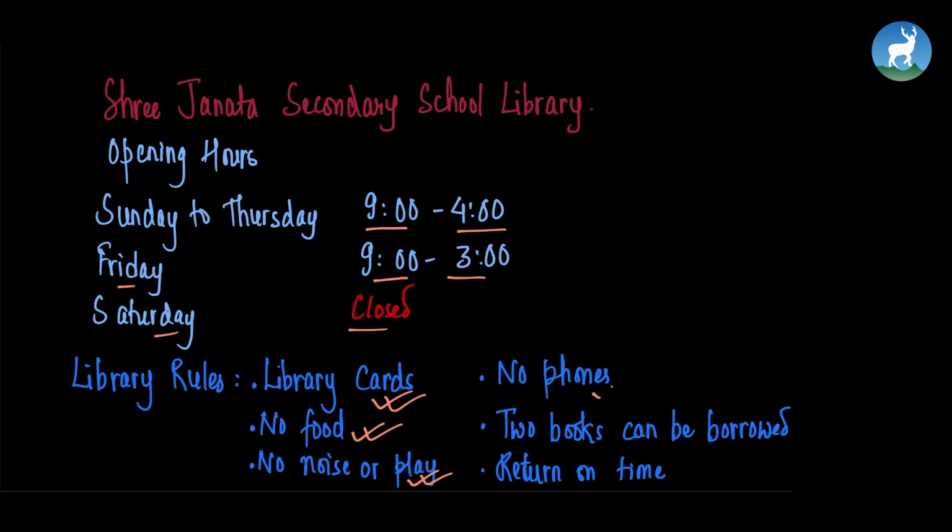Mobile phones are not allowed. If you happen to bring them, you have to switch them off. Next, it mentions that 2 books can be borrowed at a time. And then, taking care of the book, you must return them on time. So these are the basic rules that have been mentioned about the library at Sri Janata Secondary School.